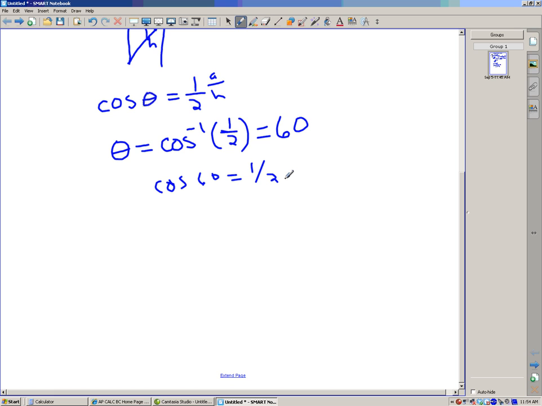All right, so let's try one where we can't. Some of us already knew this, but let's try if we knew that the cosine of some angle was 0.619, and we want to go back and find the angle with our calculator. So we're going to do the arc cosine of 0.619.